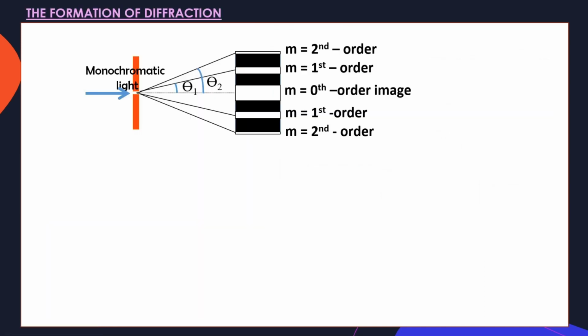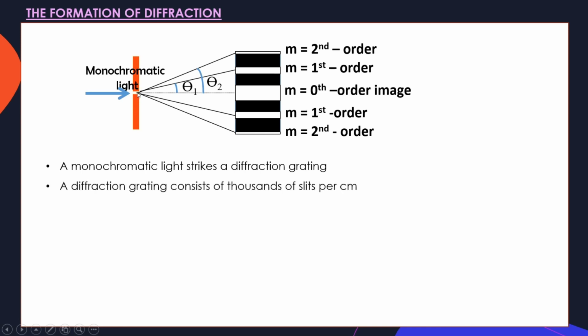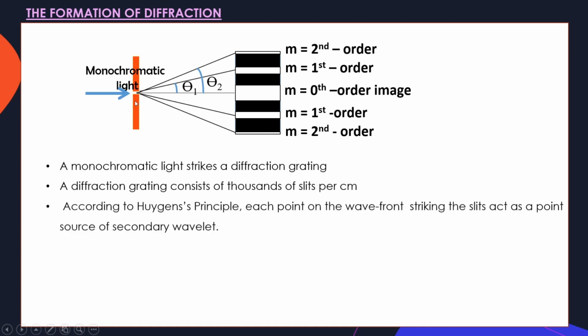So let's proceed to the formation of the diffraction pattern. Based on this diagram, we have monochromatic light striking a diffraction grating. As we know, the diffraction grating consists of thousands of slits per centimeter.